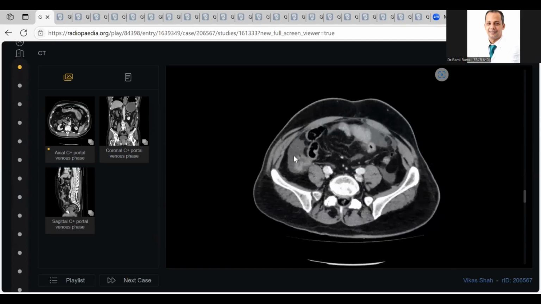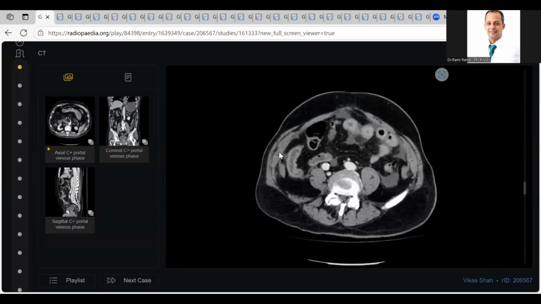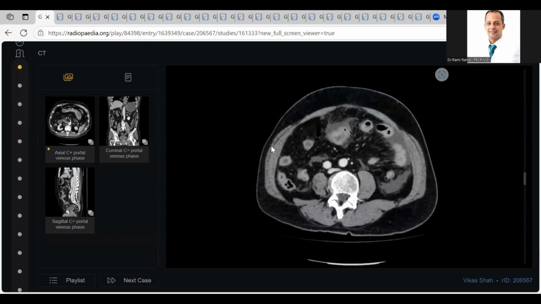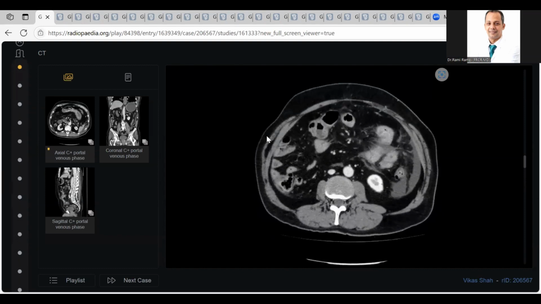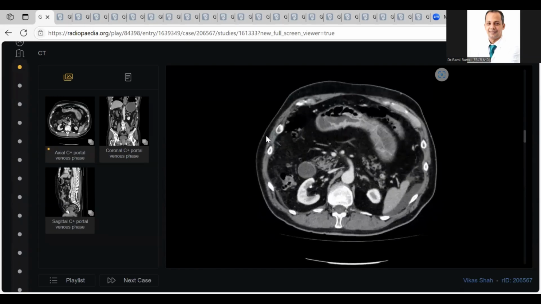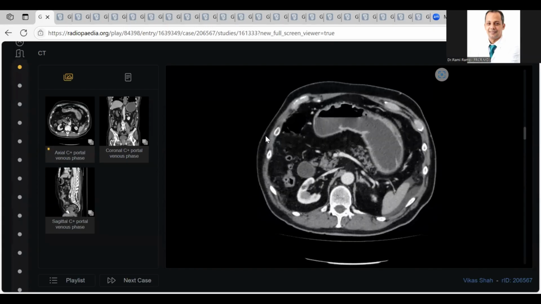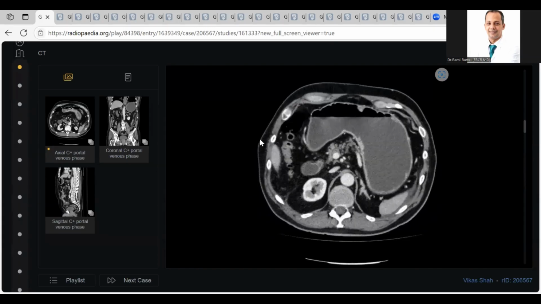What else? I will see the hernial orifices, but there are no signs of obstruction. So it is somewhat a diffuse disease involving the whole of the large bowel.